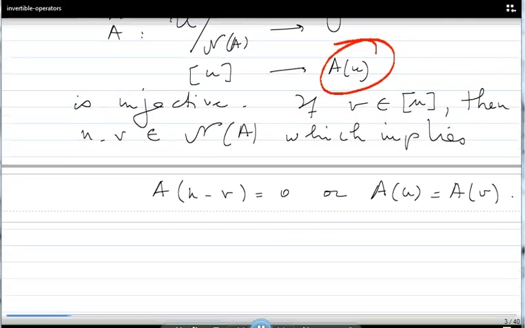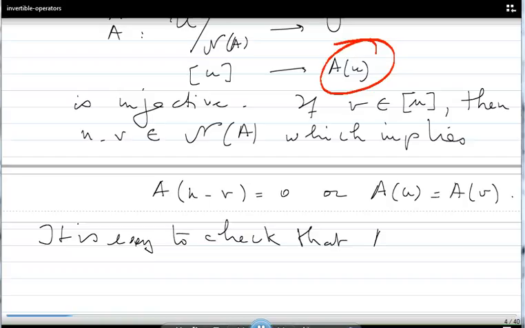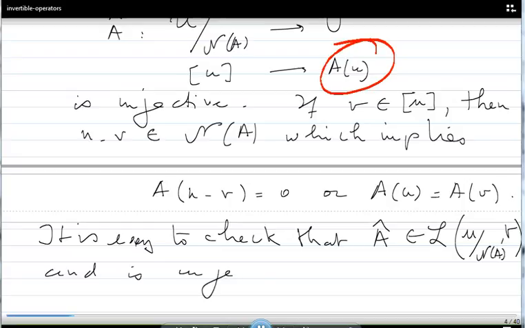Now, why A hat? First of all, A hat is linear, so it is easy to check that A hat is linear. And it is one-to-one, injective.